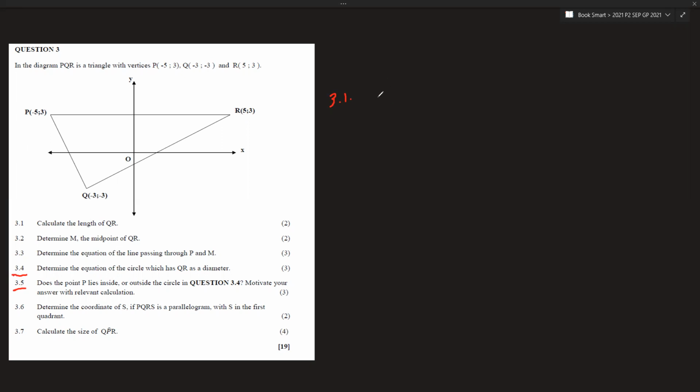So this is how we're going to do it. Remember, length is the distance formula. So QR equals, you write the formula down, which is the square root of bracket x2 minus x1 squared plus y2 minus y1 squared.